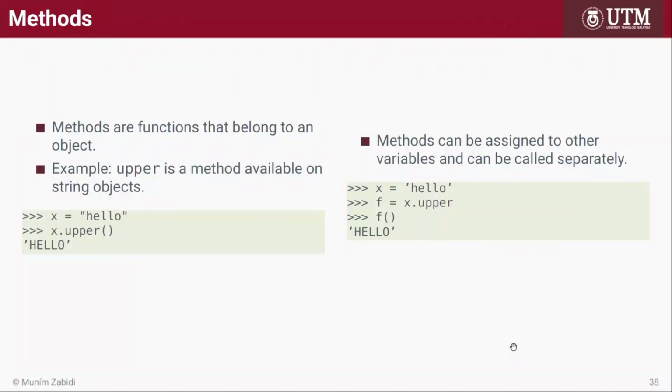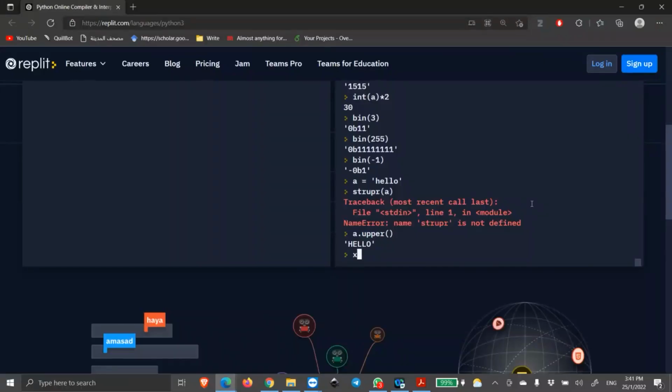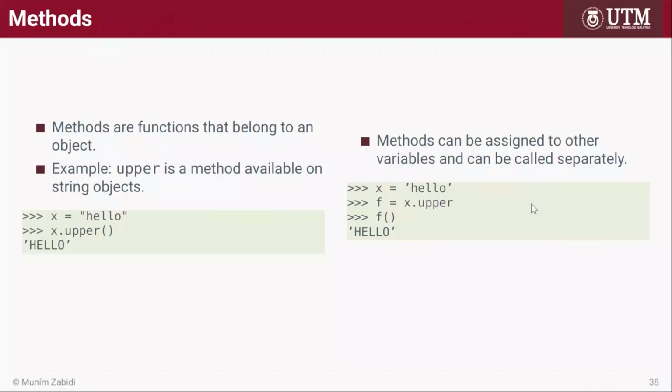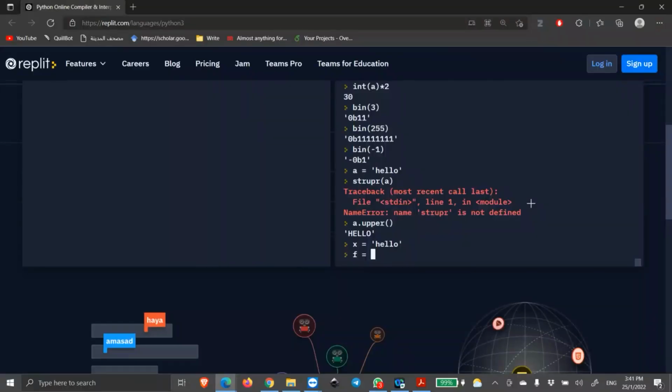Again, you can also assign functions to other variables. So here, x equal to hello. Now f can become a function. You can assign x.upper to f, and then you can just call it. So x equal to hello, and then f equal to x.upper.